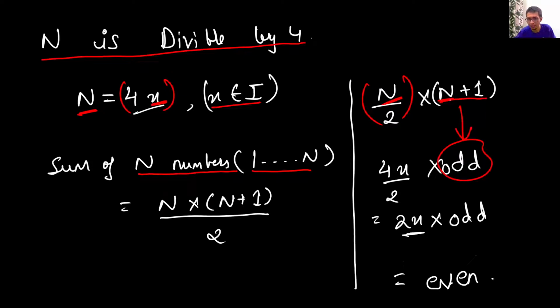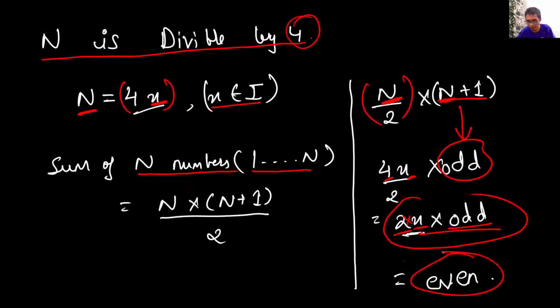And n could be written as 4 into some integer, so if I divide it by 2, the term is 2 into some integer, multiplied by another odd integer. 2 into anything would always be even. Hence, when n is divisible by 4, the sum is even.